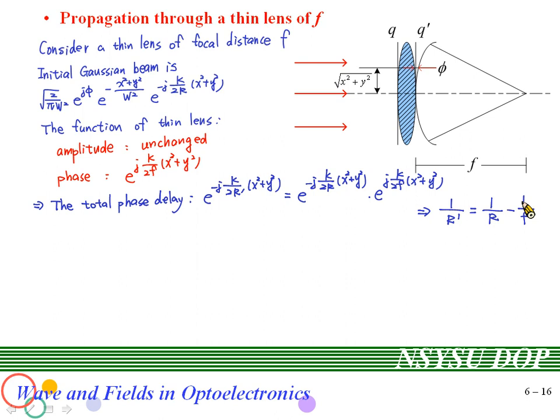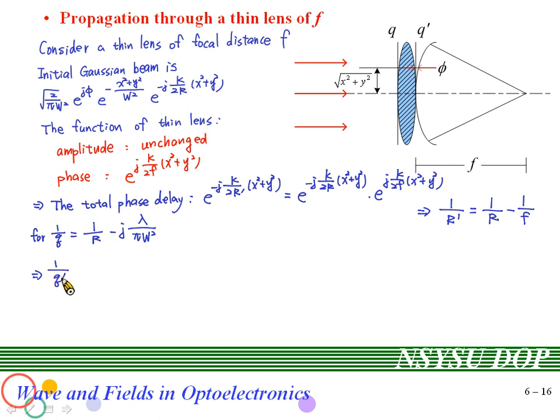Right? So, based on this result, we say that the inverse of Q is defined in this way. So we say, after passing through the lens, the Q becomes Q prime.